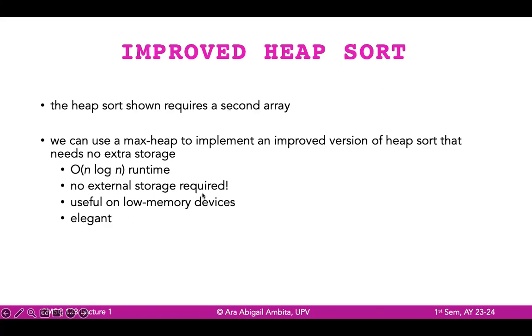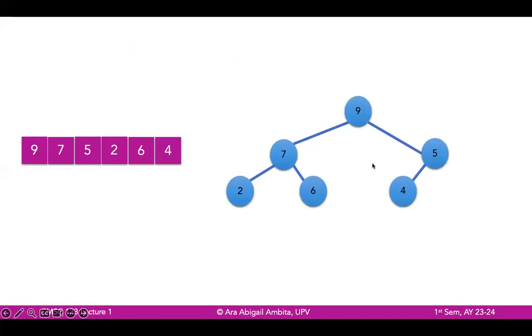So there will no longer be external storage required. And of course, it will be useful on low memory devices. So this improved version of heap sort does not need any extra storage at all because we are performing it in place. And let me show you how.